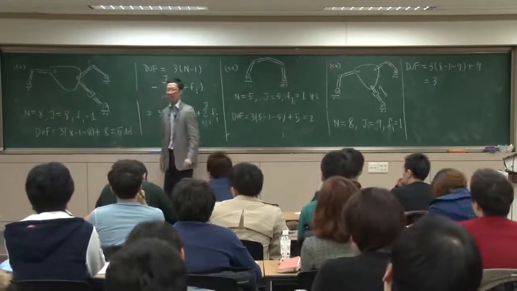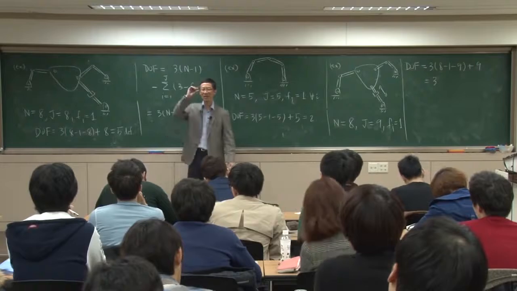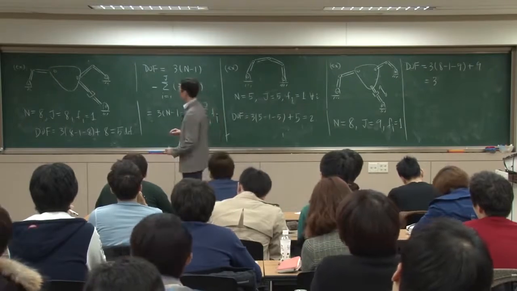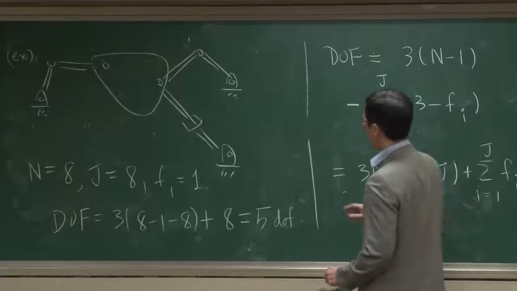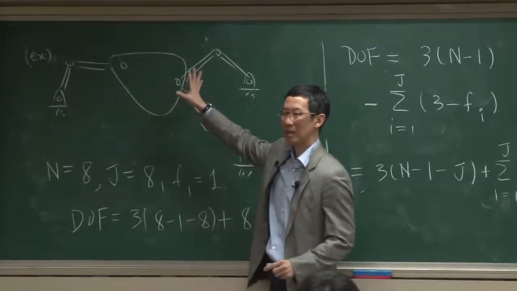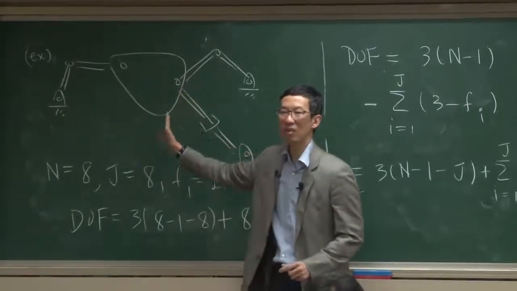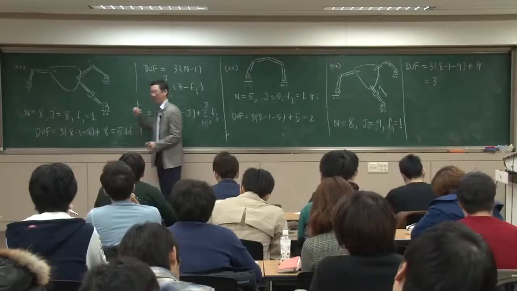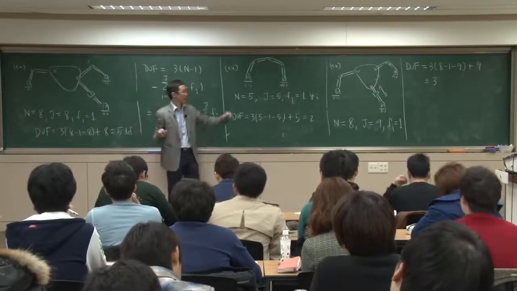Wow, that seems an awful lot, right? If I fix 5 joints, that means this becomes a structure, it cannot move. So this is 5, whereas that's 3.